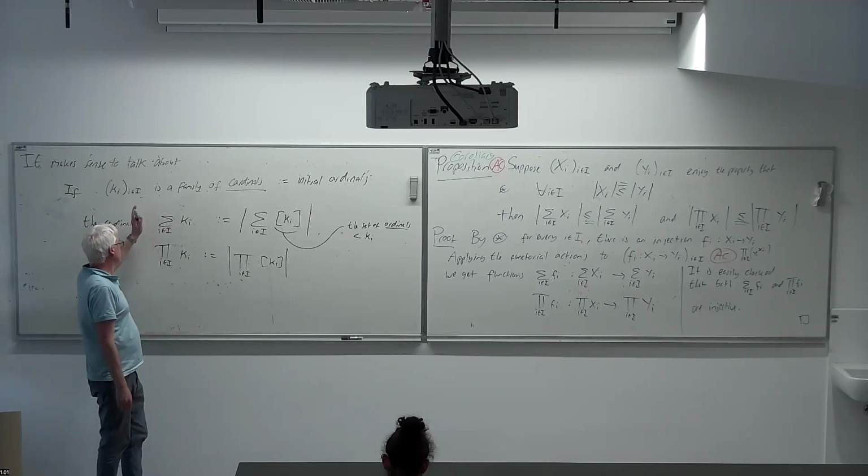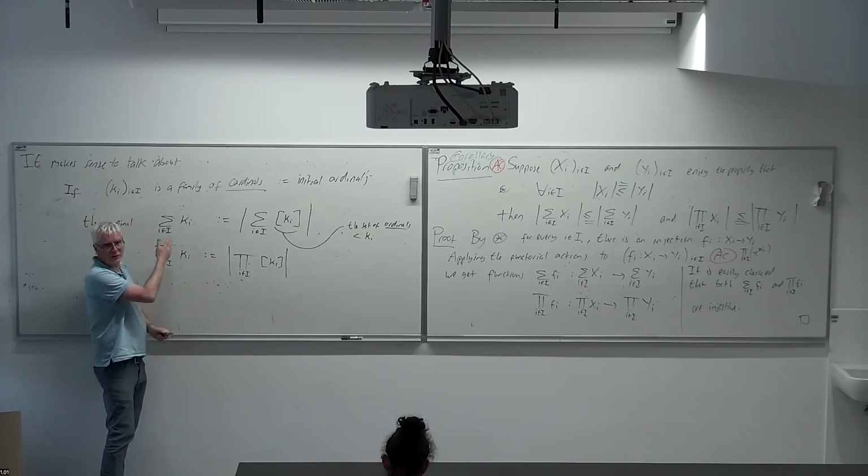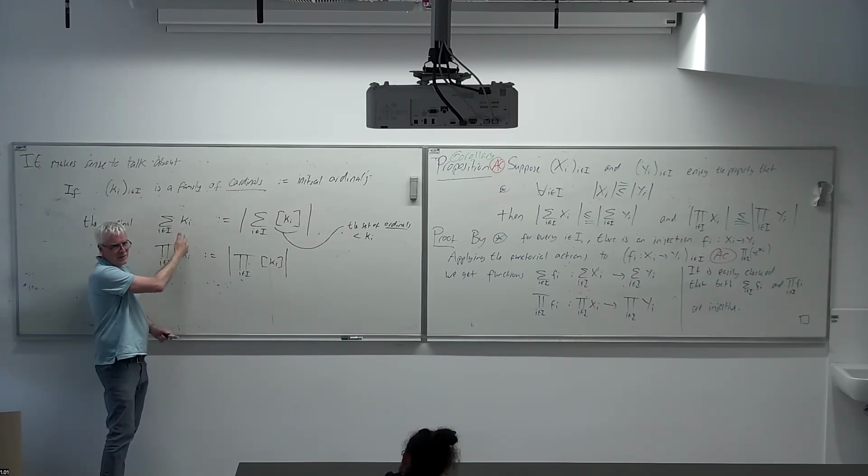So then, the rest of the lecture: we've understood finite sums and finite products of cardinalities, as I reminded you at the beginning of the lecture. The rest of the lecture is going to be really about understanding infinite sums and infinite products of cardinalities, and also cardinal exponentiation.